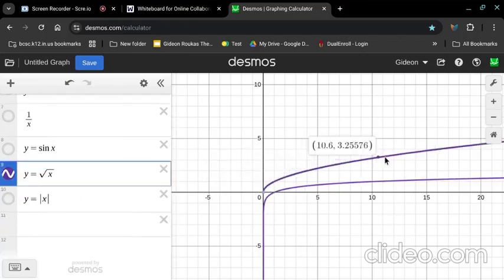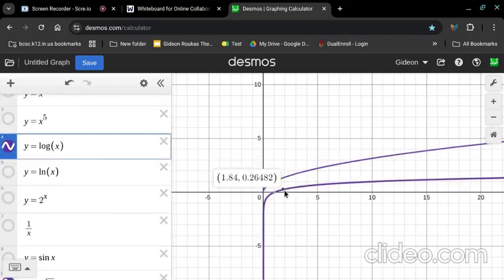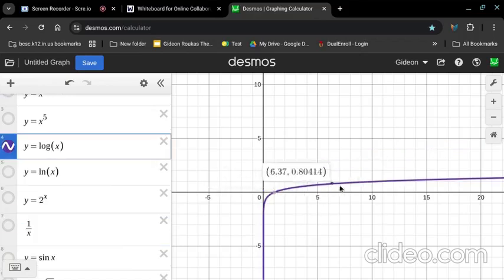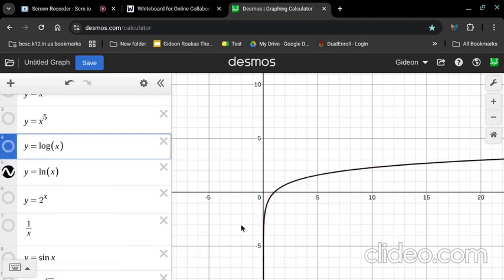Same kind of shape, also known as a sleeping parabola, x to the 1/2 or the square root of x. But this log right here basically is, as I'll explain in another video, how many times a certain number can be multiplied into another. This is just a different base. These are the same function.